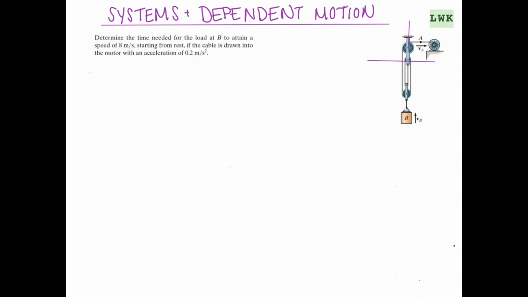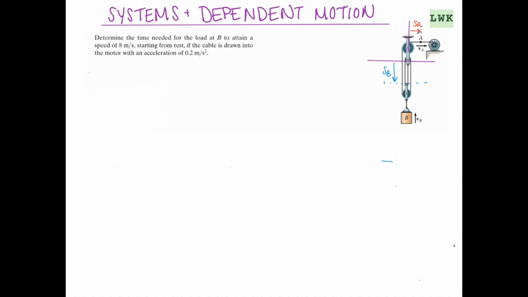We'll say SA is going to be from our datum to this point A. And our SB, we're going to draw from our datum here down to the top of this pulley.